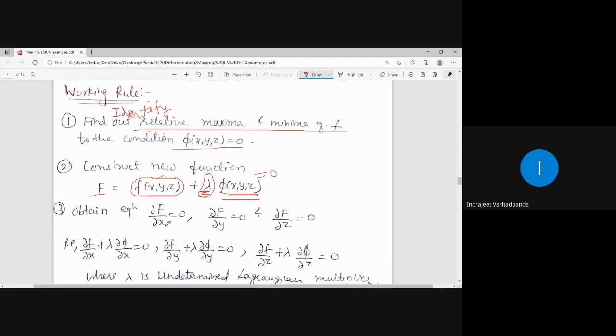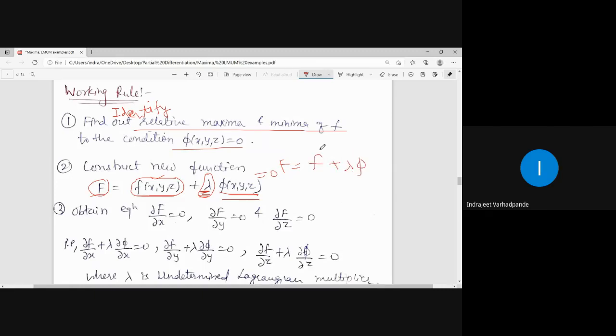Obtain del F by del x equal to 0. Capital F is the new function which is constructed and which is equal to small f plus lambda into phi.